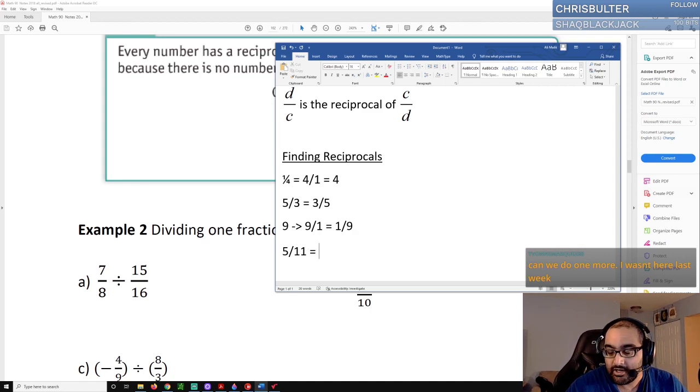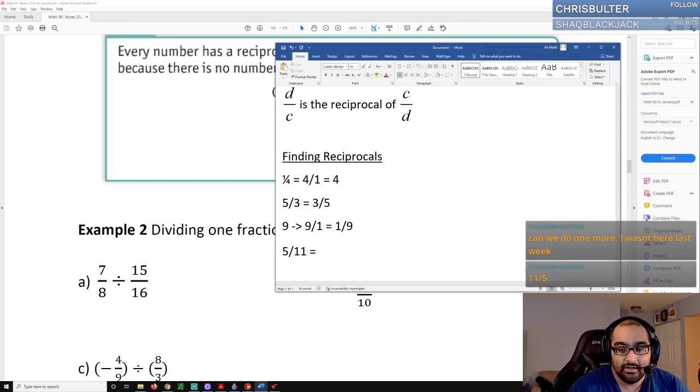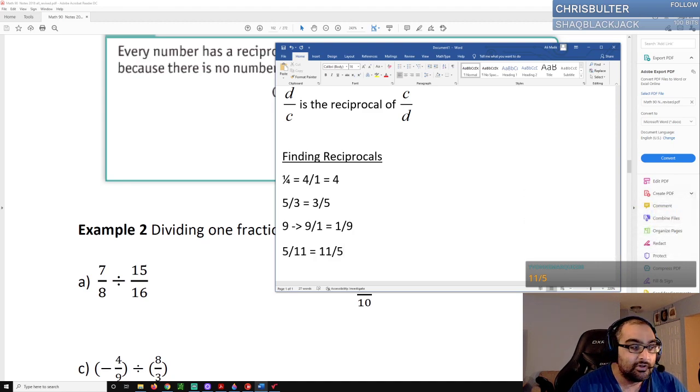Put the number in the numerator in the denominator, and put the number in the denominator in the numerator. That's right, so it'll be 11 over 5. That's correct. So that is going to be the reciprocal of 5 over 11.